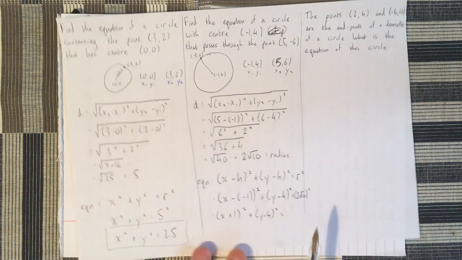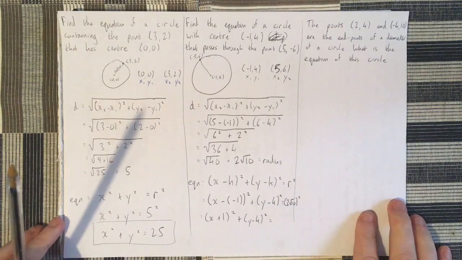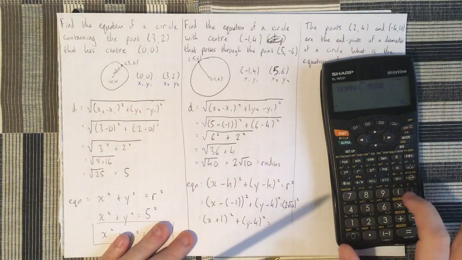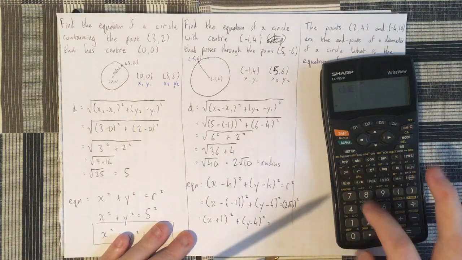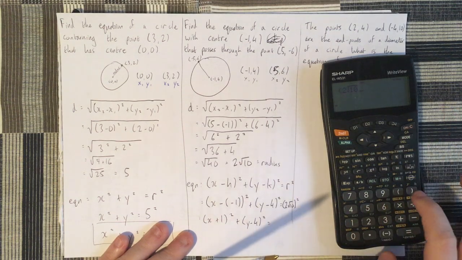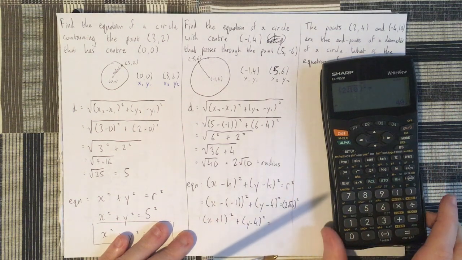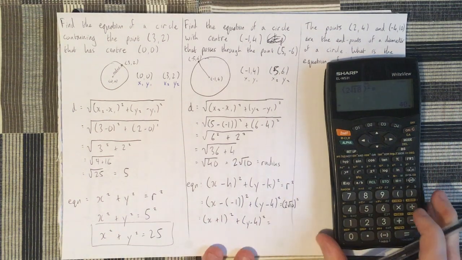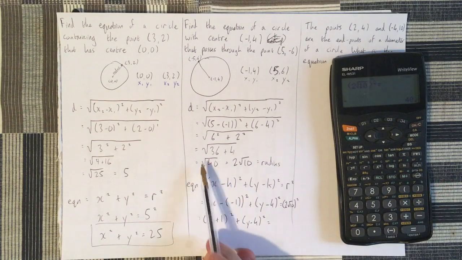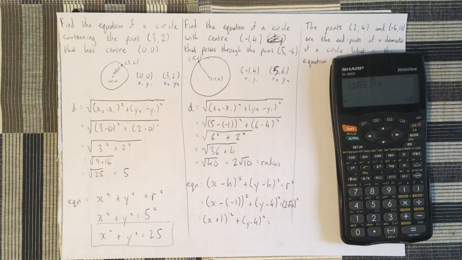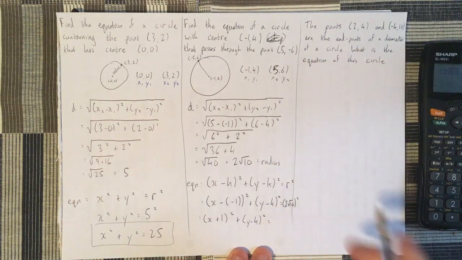And on the right hand side here, just put that into your calculator. So 2 root 10 all to be squared, and you get 40. Because if you think about it, I got the square root of 40 here, so I'm really undoing that by squaring it again, so you get equals 40.